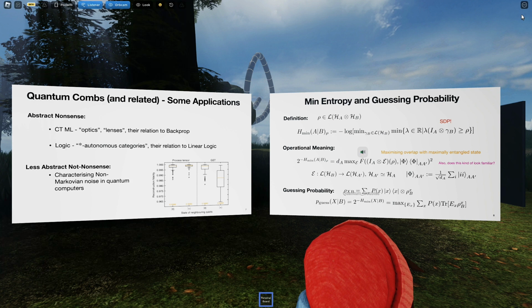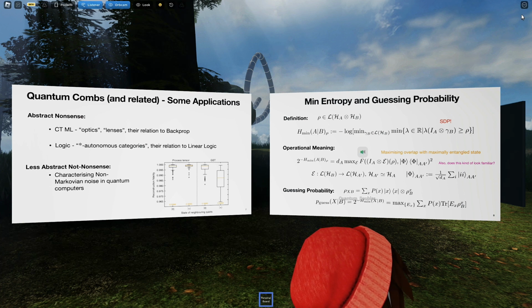In this current form in the middle, they're asking how much entanglement we can get out of our current system. Maybe I could talk about this last part, the guessing probability, because for me, this is the most intuitive. If one of our systems is entirely classical, this min entropy tells you how much I can learn about this classical variable x by interacting with this other part, this quantum part that depends on x in some way.